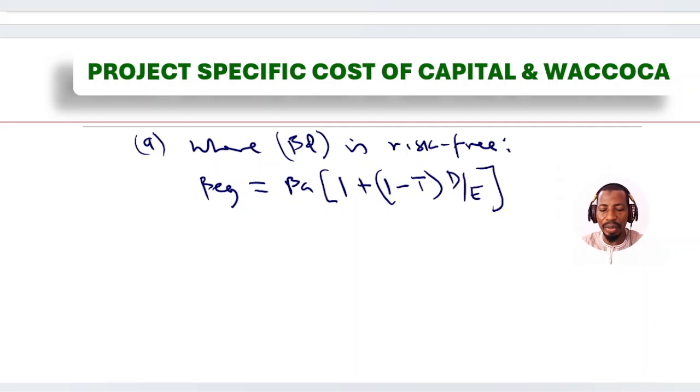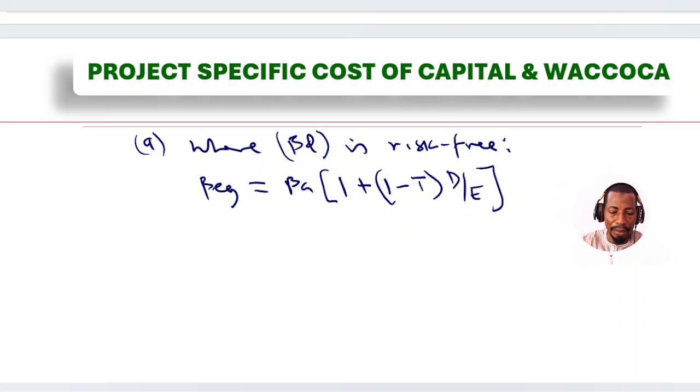So this is the formula you are expected to use where debt beta is risk-free. The debt equity proportion you are going to use in step 3 will be the debt equity proportion of the main company, which is the investing company.